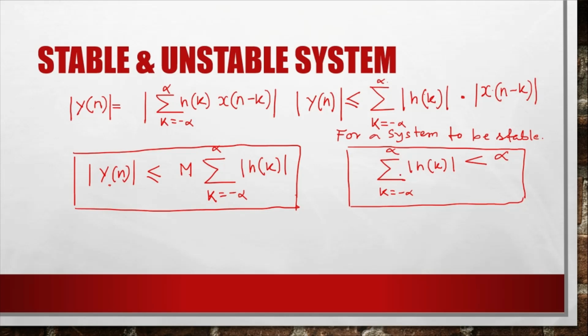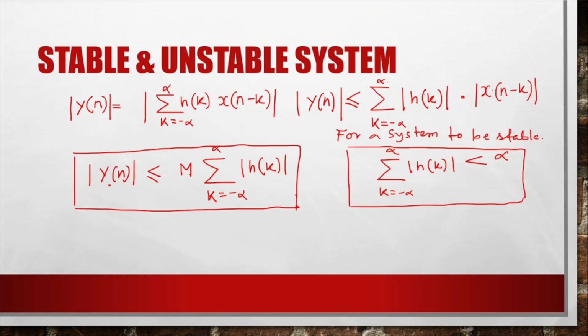That means it should have a finite value. If this is a series, you can understand, if it is a divergent series, naturally the system will be unstable. Otherwise the system will be stable.